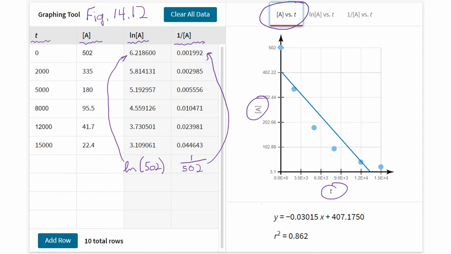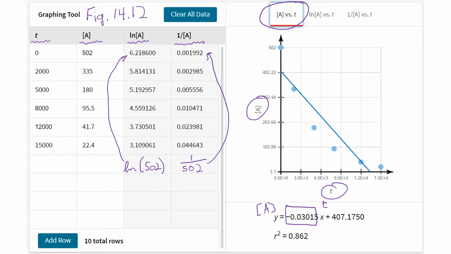So y, in this case, is the concentration of A, and x is t. If this turns out to be our most linear plot, then k will be given by the absolute value of the slope. So if that's the case, k will be 0.03015.